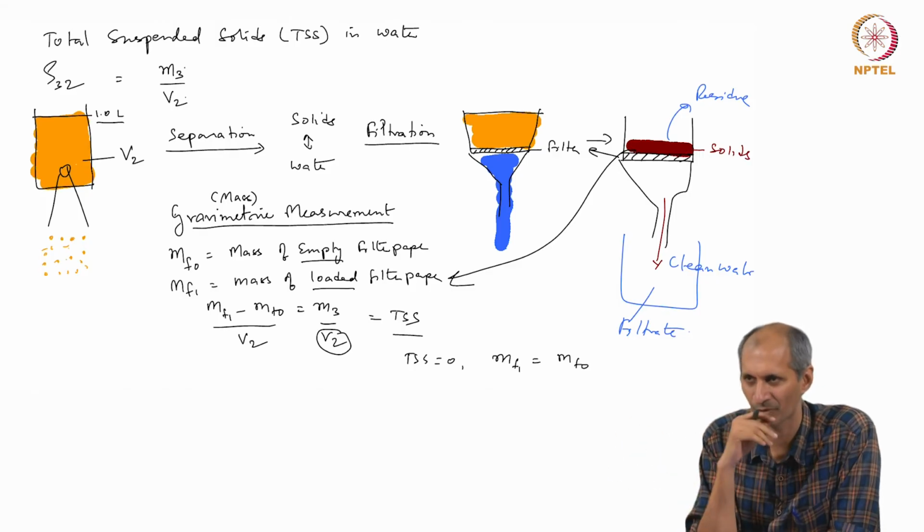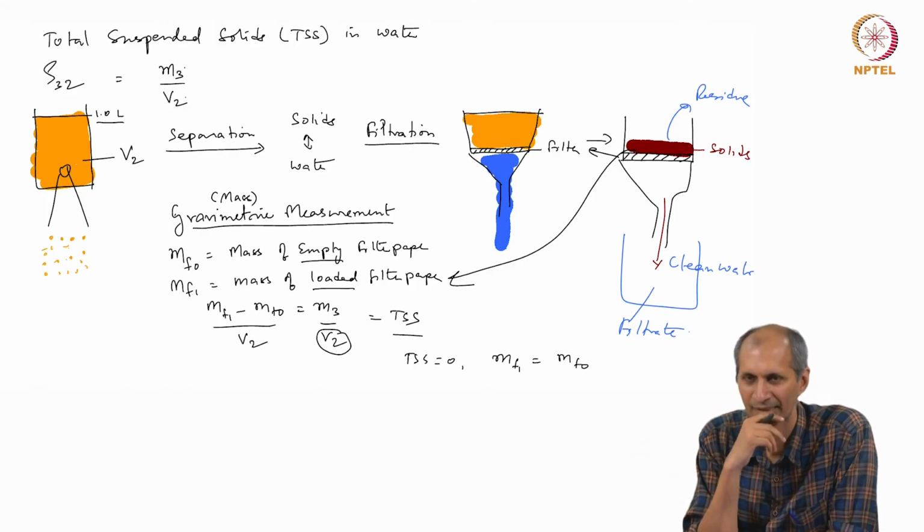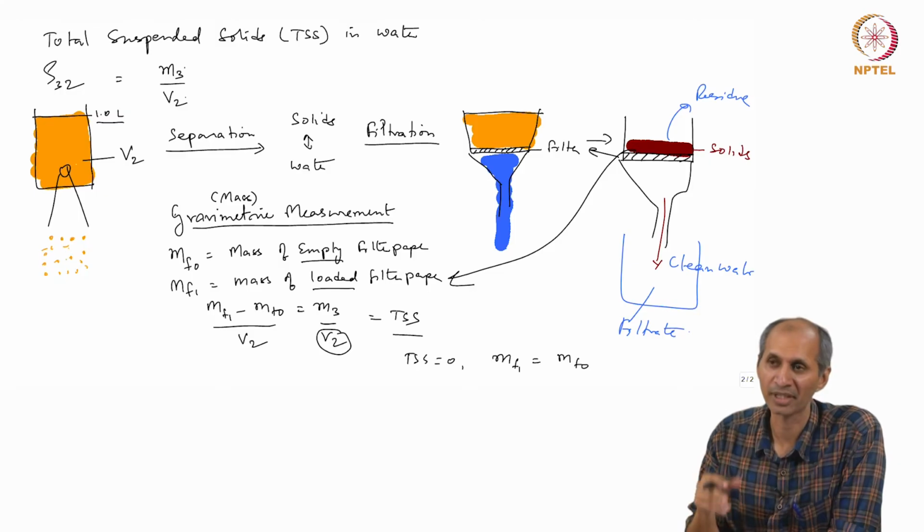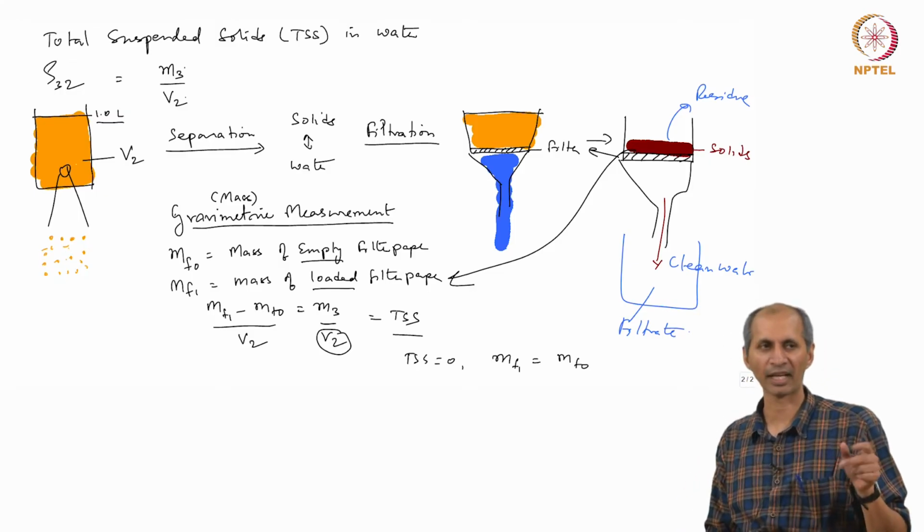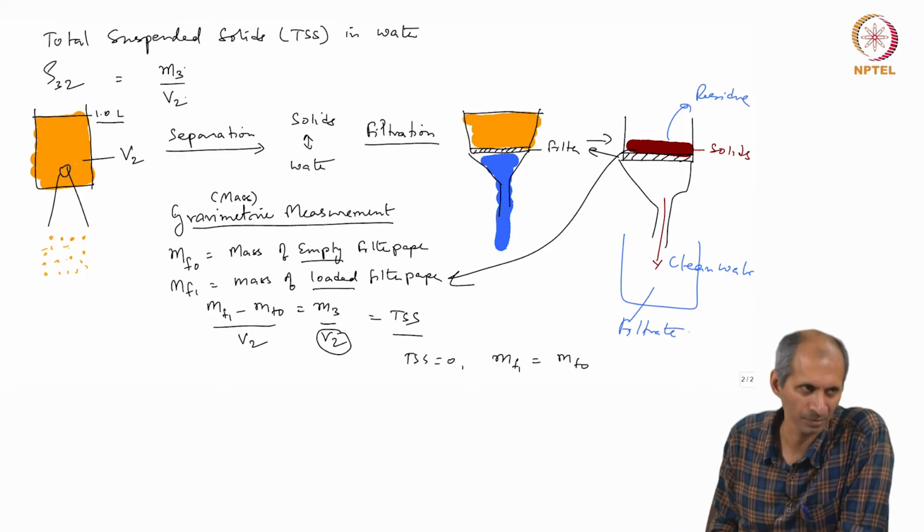But that is one of the points. What other reason can there be when you get a 0 reading, but you are not really sure that TSS is actually 0? Let us assume there are no errors in measurement, the filter is nice.